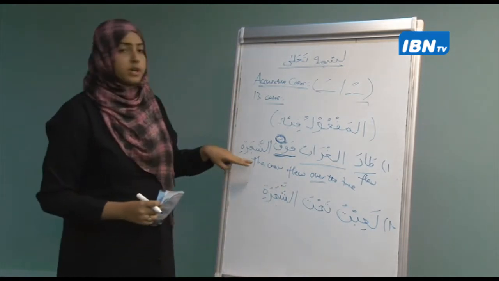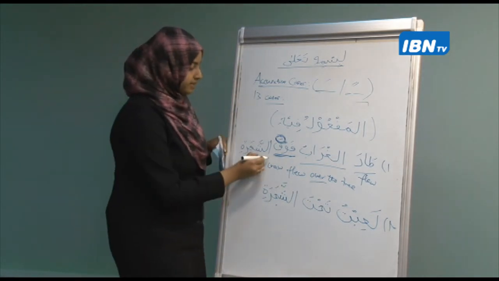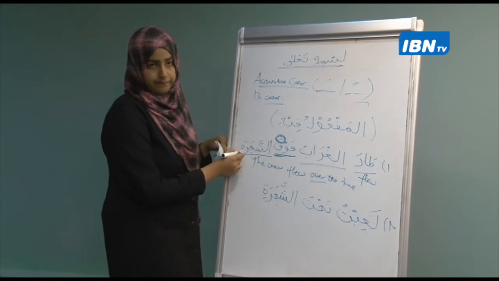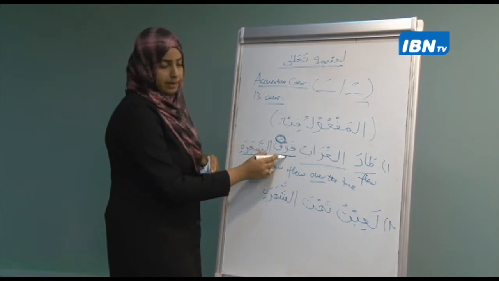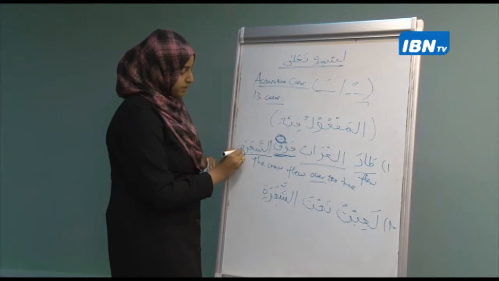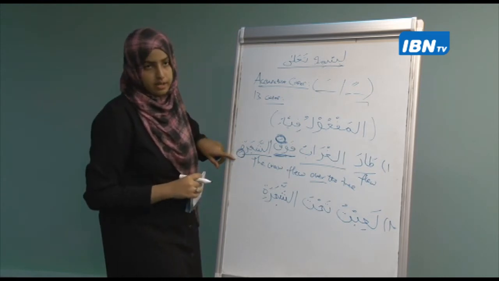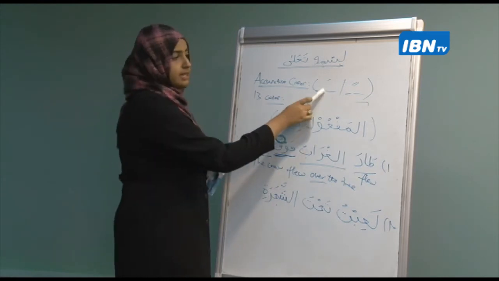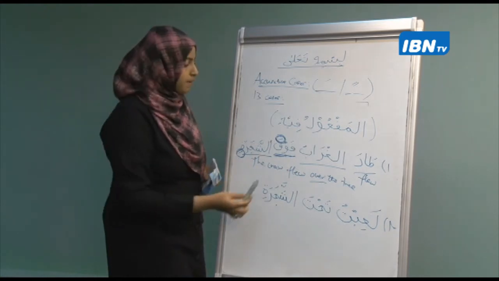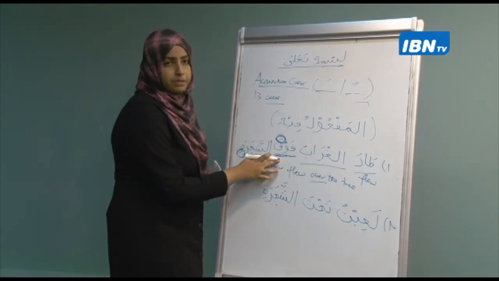Right? And of course, another thing to notice, this object here, it comes after the verb. So again, this will always carry a kasra. You can't say it will carry a fatha or fathatain. That is wrong because it comes after a preposition.